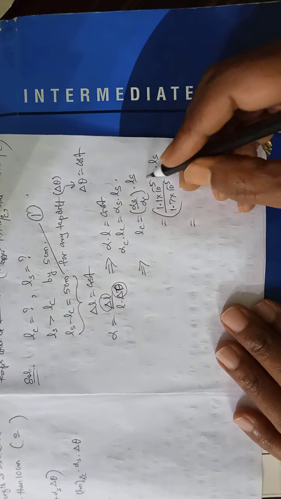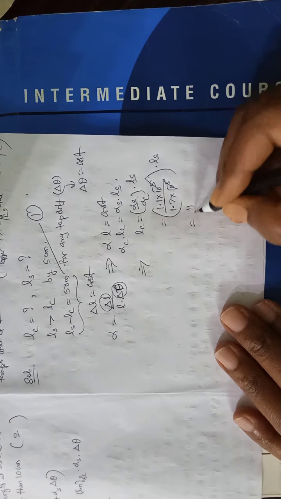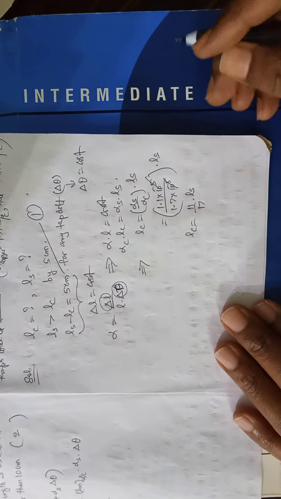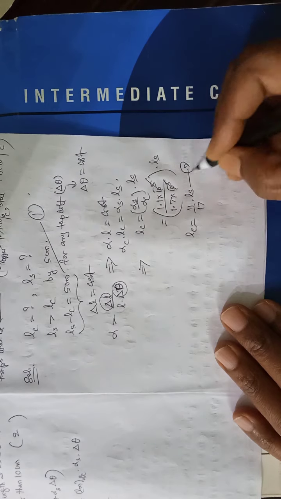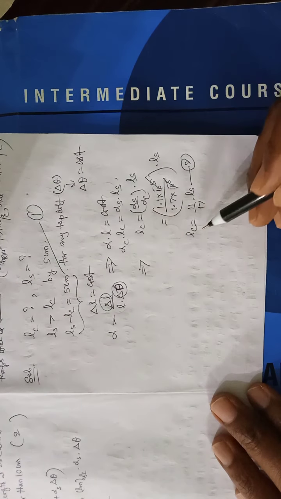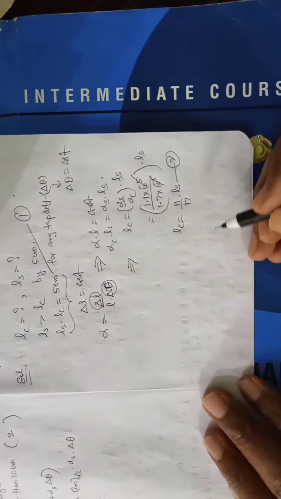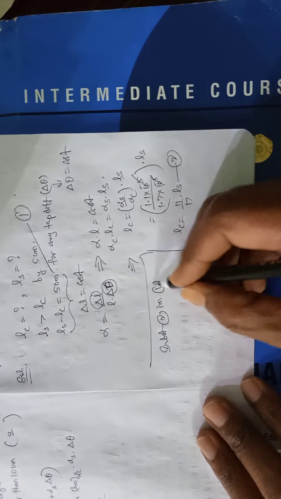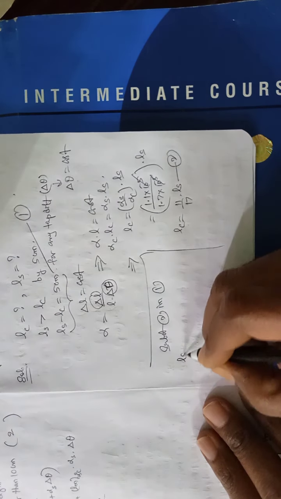Here we get LC is equal to 11 by 17 LS. Substituting this value in the first equation, substitute 2 in 1.